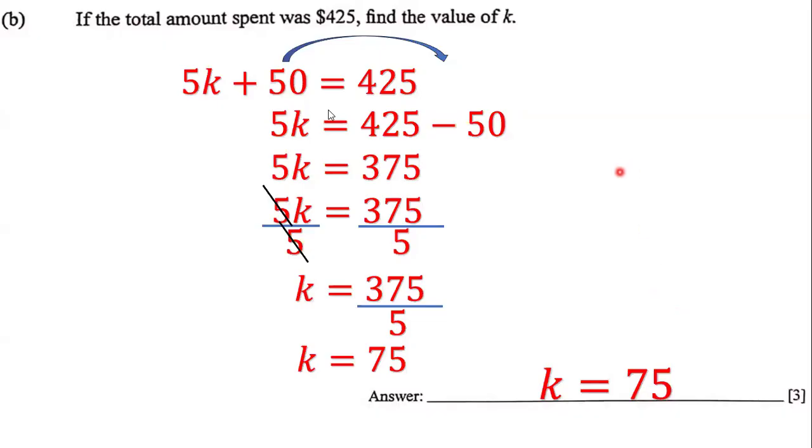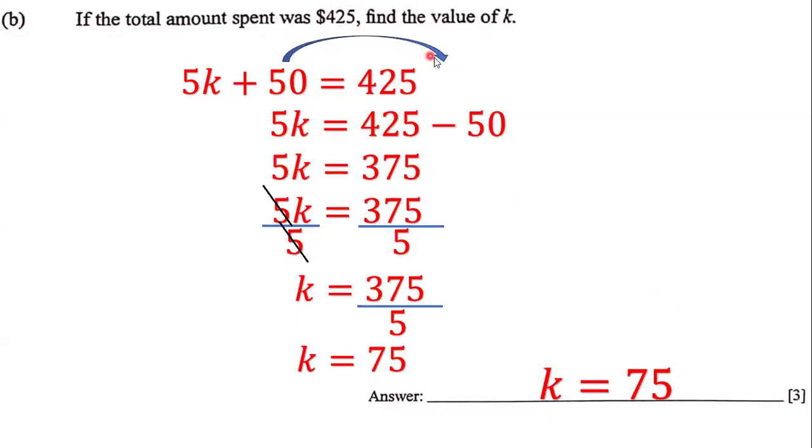All right. So Alantino, do you understand this? No, sir. Okay, no problem. So let's go ahead and answer it. So we have 5k plus 50 is equal to 475. What is the first thing I did, Alantino? I took the 50 and brought it over.